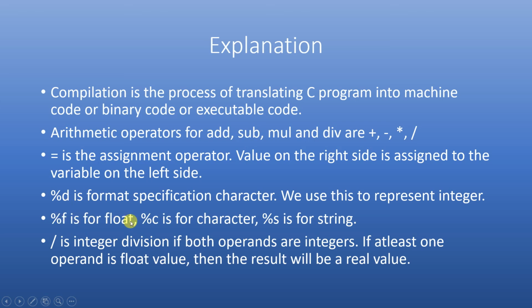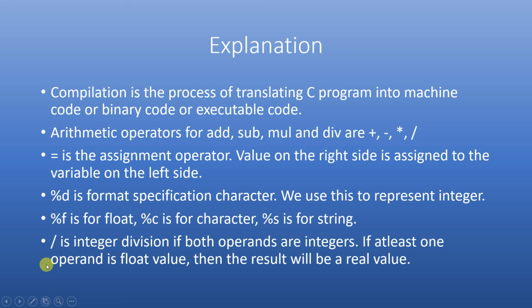This float data type represents real values with a 6-digit fractional part, or 6-digit precision. %c represents the character and %s represents string. %c is for a single character, whereas %s is for a text or a message.